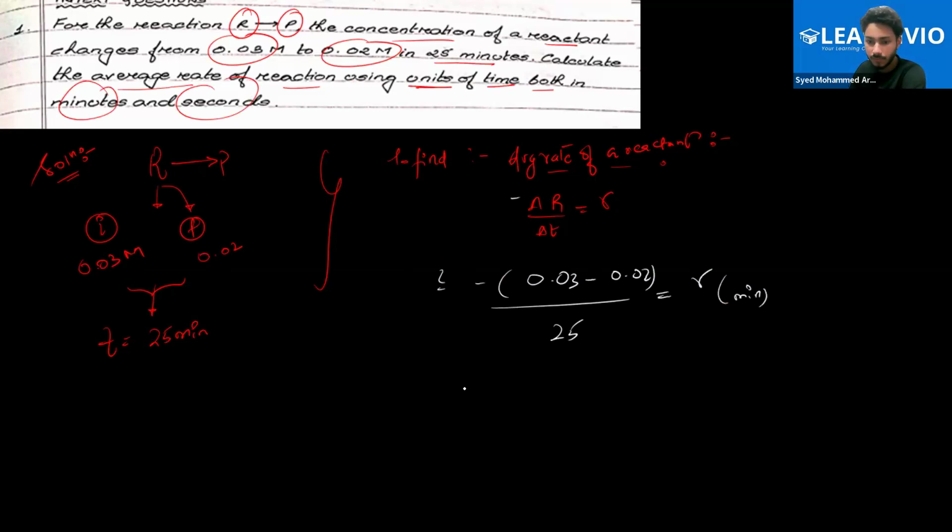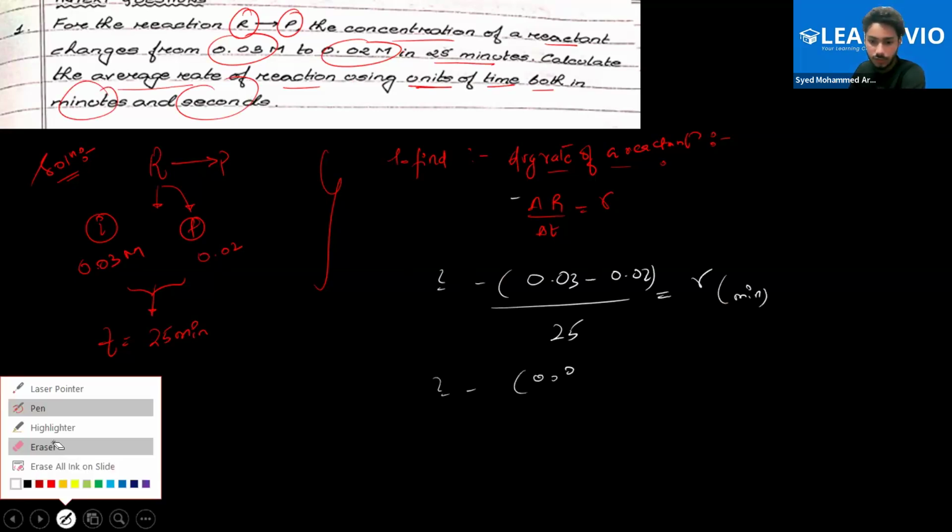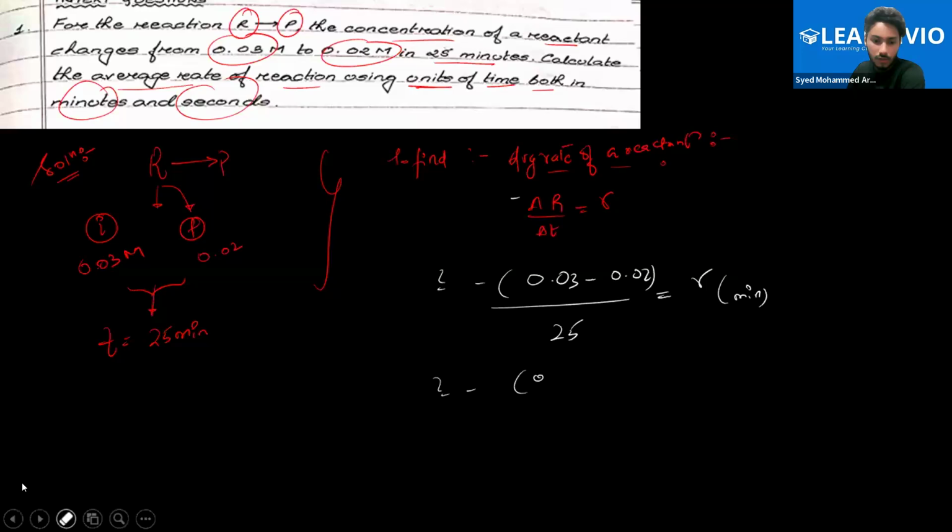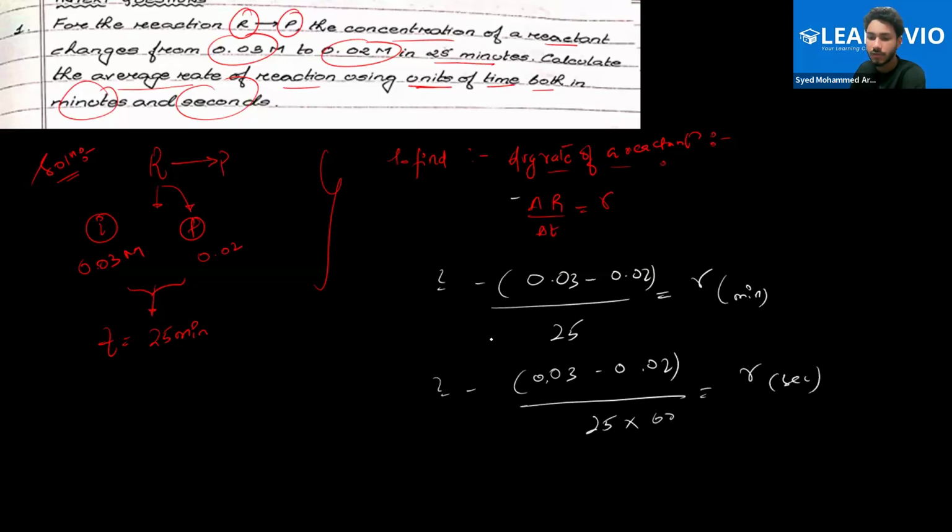If you do the same thing, (0.02 minus 0.03) divided by 25 multiplied by 60 seconds, you'll get your answer in seconds. The calculation you have to do on your own.